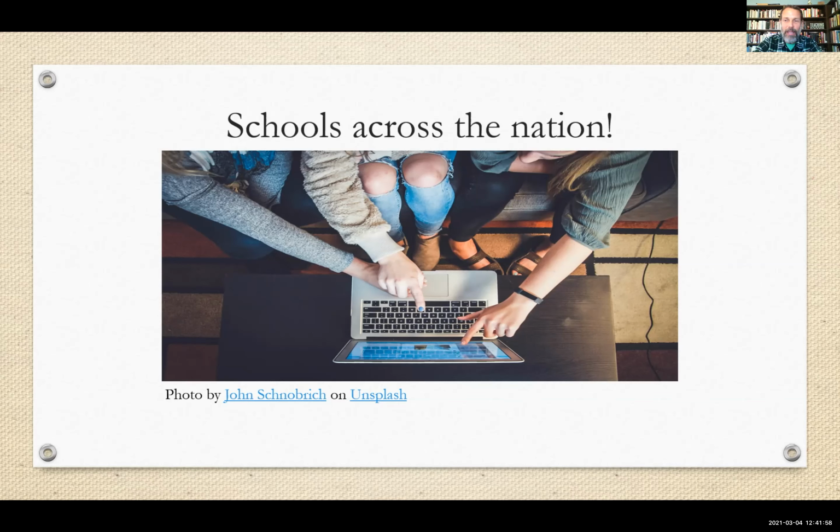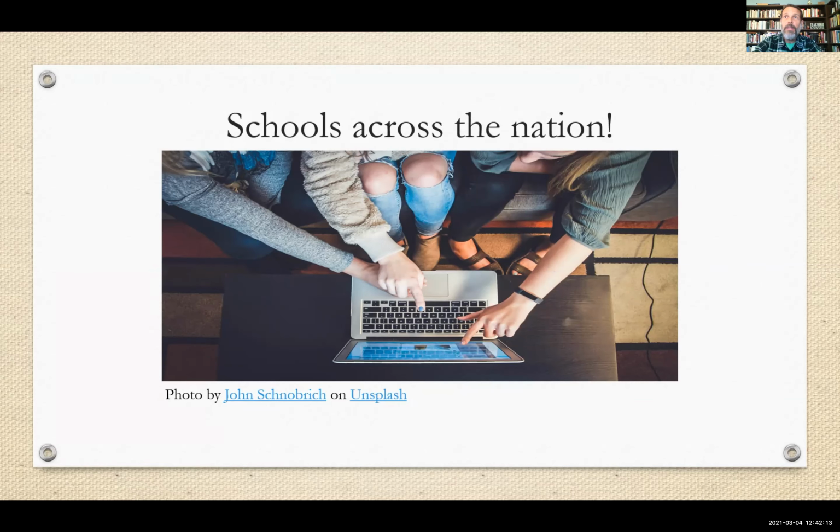That could be the romantic in me. But realistically, what we put together will, I assume, ultimately be available and accessible for adoption across the country. And that's really exciting to me.